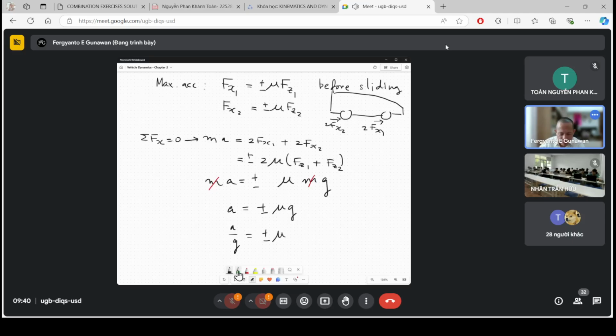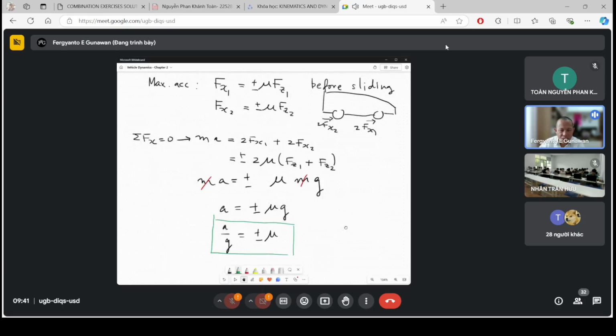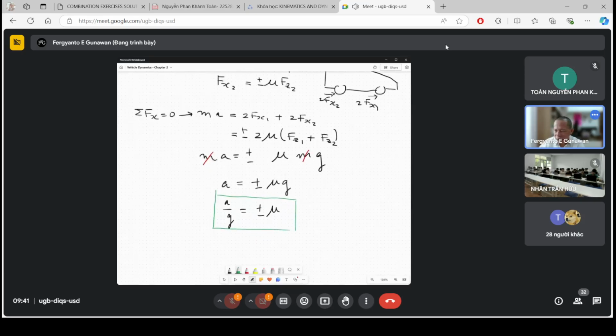So this is the maximum acceleration you can achieve if you have a four-wheel drive. And by using a similar approach, you can also do a rear-wheel drive and a front-wheel drive.